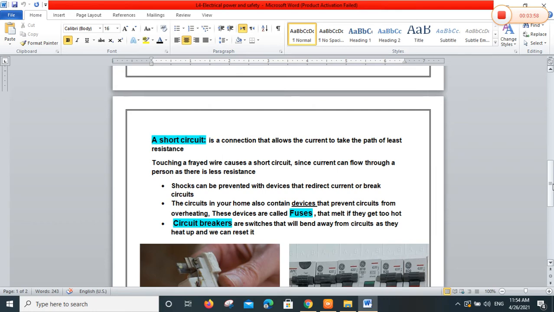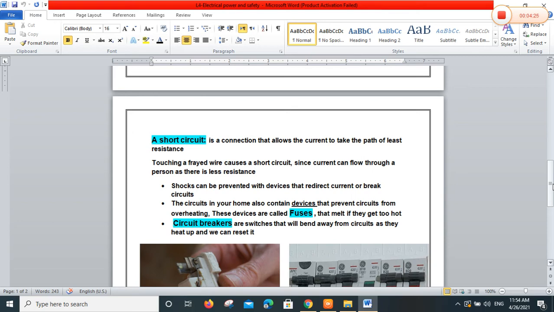So the current can flow. When you touch a frayed wire, your body becomes part of the circuit, so the current flows through your body and you get a shock quickly. Touching a frayed wire causes a short circuit since current can flow through a person and there is less resistance.